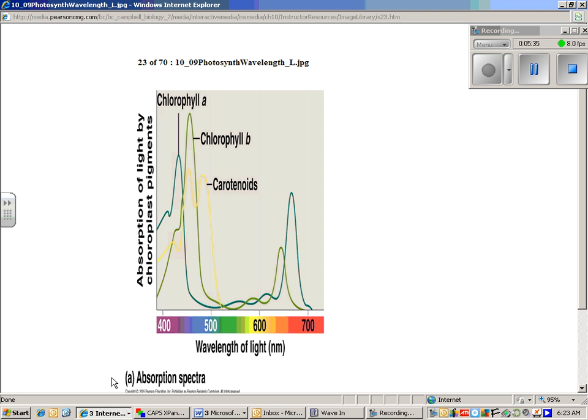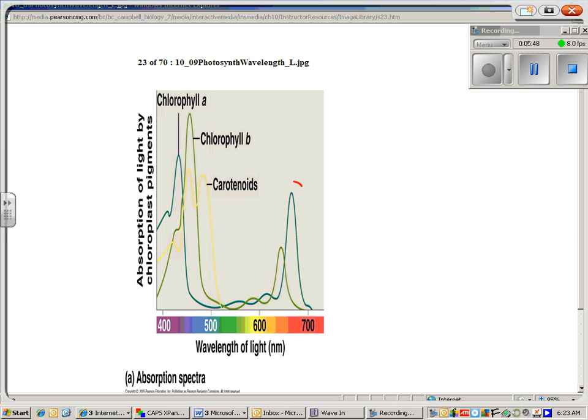This is the absorption spectrum of photosynthesis, or of chlorophyll. This is absorption of light by plant pigments, or chloroplast pigments. Notice it absorbs the most in the reds and the blues, and really doesn't absorb anything in the greens, because it's reflecting them. So that's just a review of how light energy works.